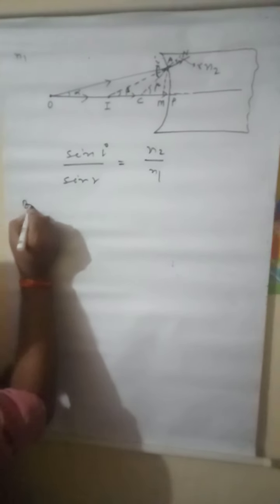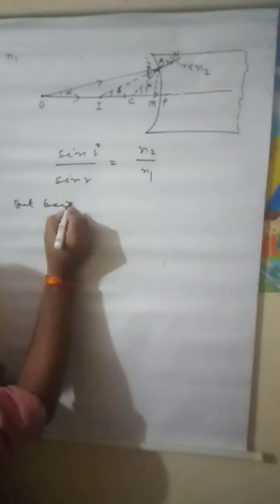But i and r are very small, because the object is a point object and the aperture is very small, and therefore angles i, r, alpha, beta and gamma will be very small.